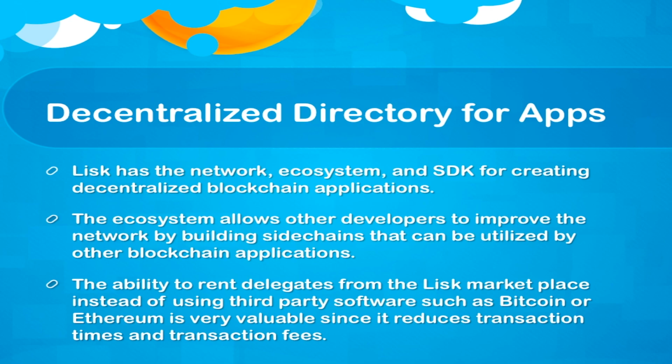That's just one example. And then the last thing is the ability to rent delegates from the Lisk marketplace instead of using third-party software such as Bitcoin or Ethereum, which is very valuable since it reduces transaction times and transaction fees. If you're creating your own blockchain applications, you don't want to go through the hassle of using a proof of work or proof of stake other than Lisk, which could lead to slower transactions and thus more expensive transaction fees as well.